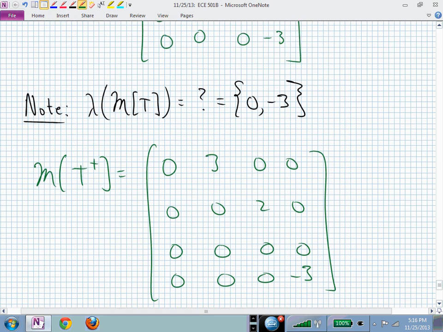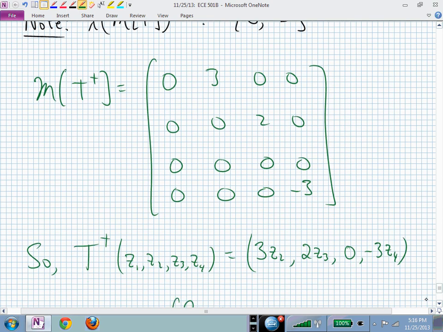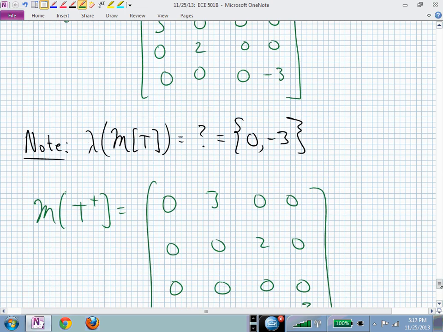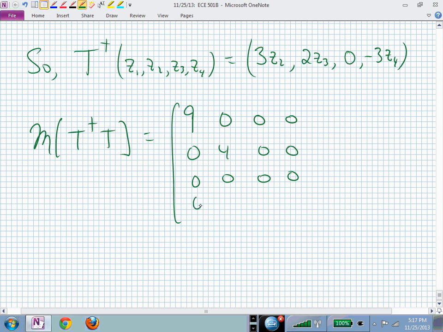What's my third row? Nil, right? I have 0 times everything. And what's the fourth row? I now need to scale the fourth row by -3, and the fourth row was everything but -3 in the last entry.